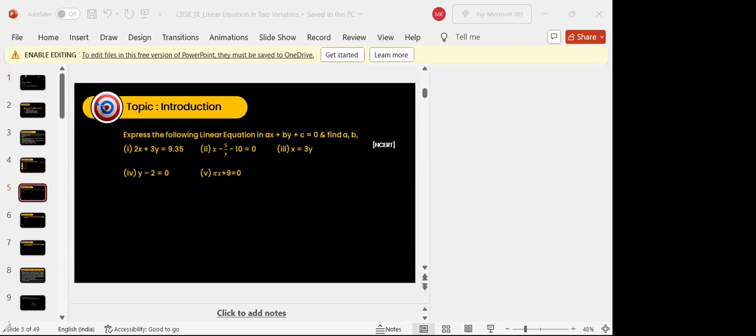Express the following linear equations in ax plus by plus c equals 0. You are asked to find the value of a and b. Actually, I'll say one question. The question I'll take is 2, that is x minus 5 by y minus 10 equals 0.